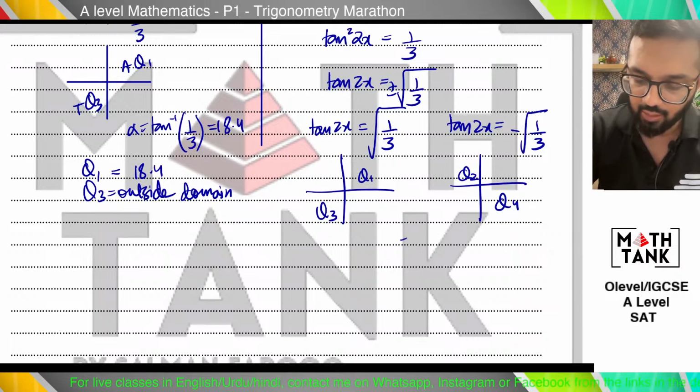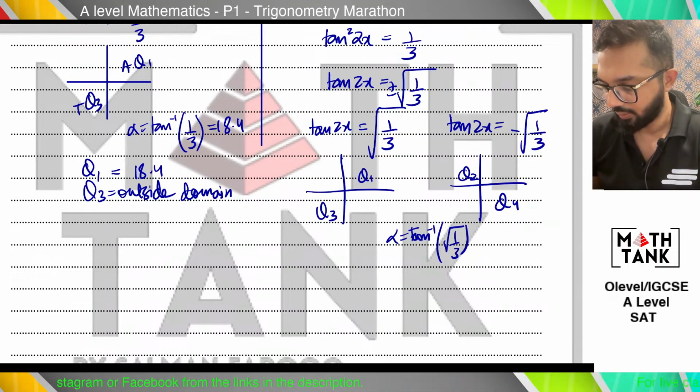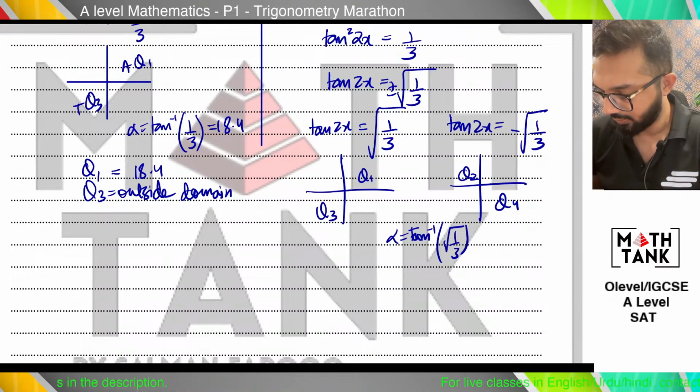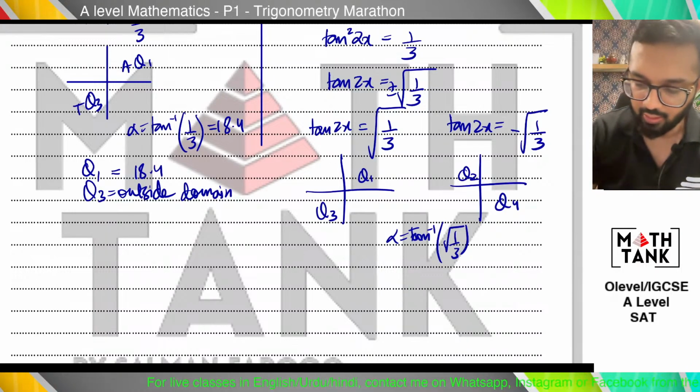What's tan inverse of root of 1 over 3? This means 30 degrees.